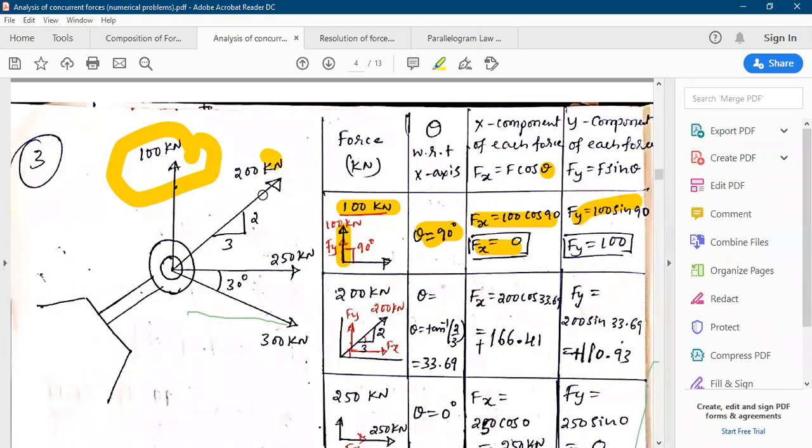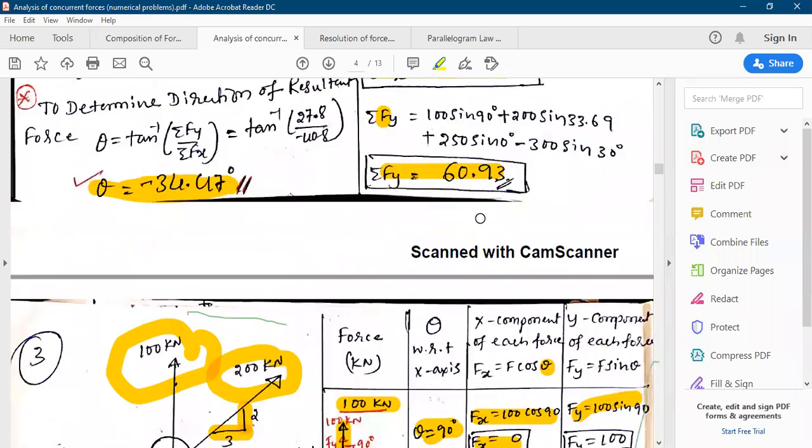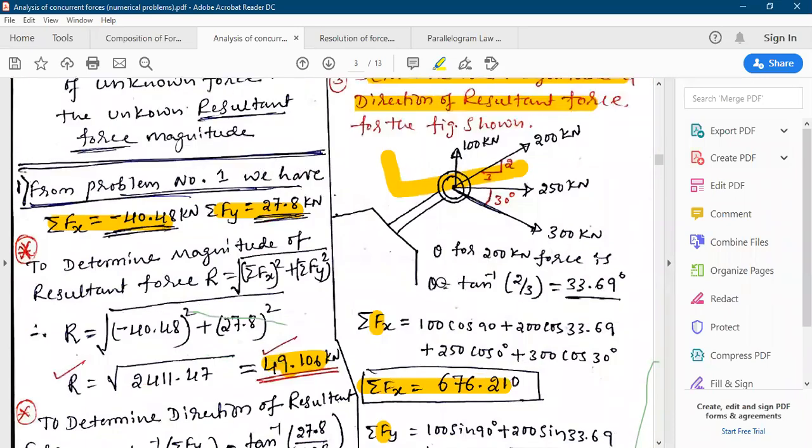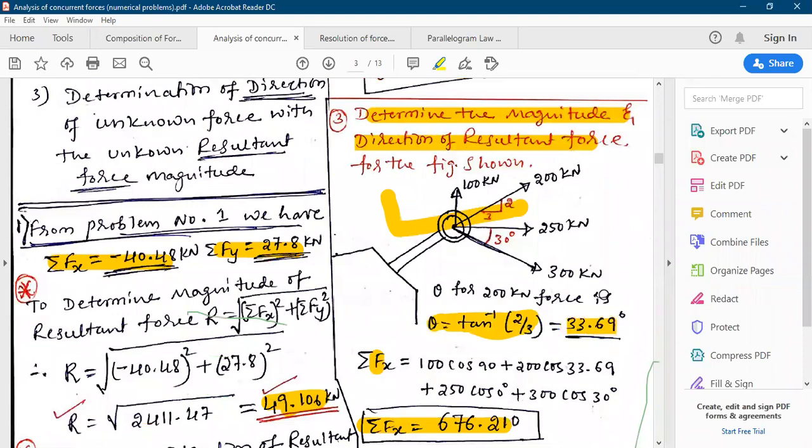Similarly, consider the 200 kilonewton force. It is making some slope here. Instead of giving the angle, they have given the slope. Using this slope, we can calculate the angle of inclination.